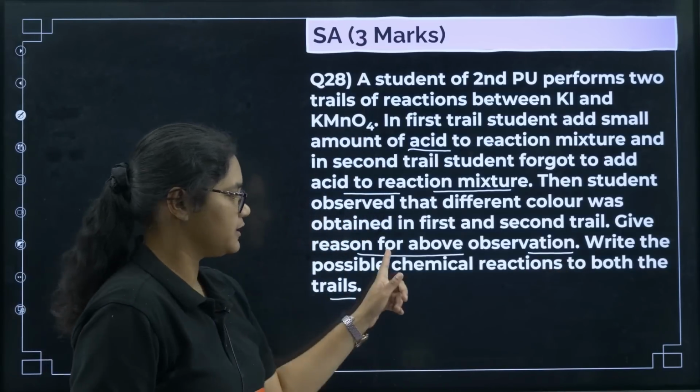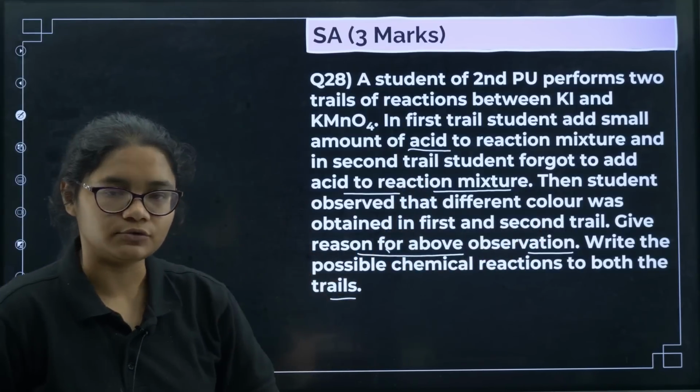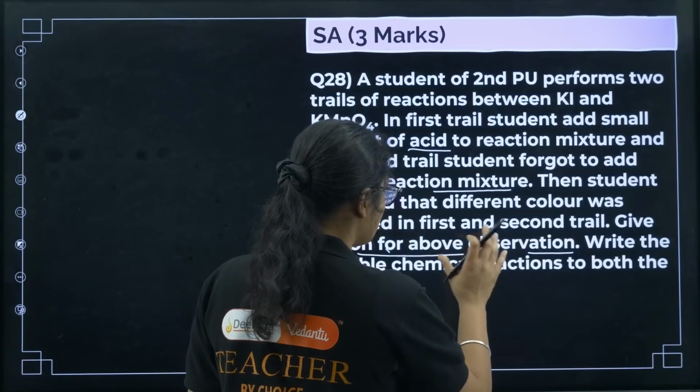Okay, so first you have to give the reason, that carries 1 mark. Writing 2 reactions for 2 experiments gives you 2 marks, so total 3 marks. So first let us see why the colors are different.